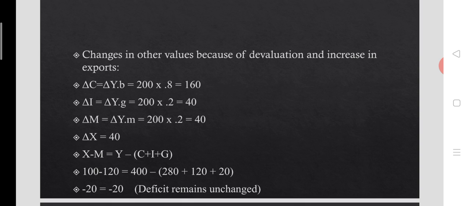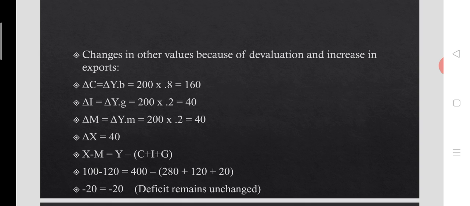The total income after the change in income due to the change in export and devaluation is 400. So that is the total income minus domestic expenditure, or absorption. Total absorption after the change in consumption is 280.